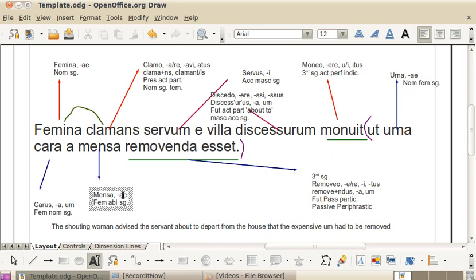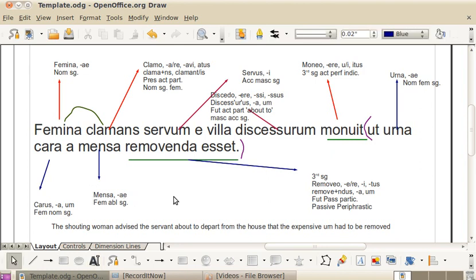Now frequently after passive constructions like removenda esset, when we see the preposition a or ab, it's going to introduce something called an ablative of agent. With passive periphrastic, however, the agent, or the actual performer of this verb, will be expressed in the dative. So that's something that we've covered in class. Here, the mensa idea, this prepositional idea, is actually indicating an ablative of place, place from which, in fact.